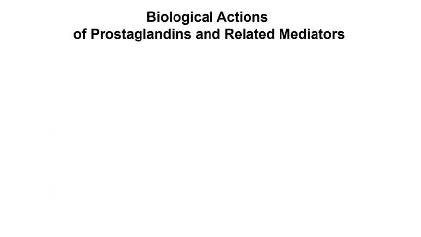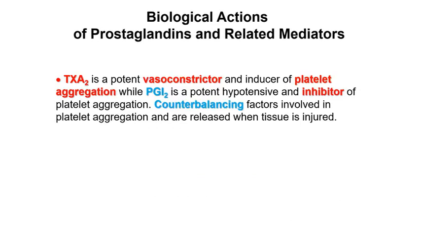These are not the only functions of prostaglandins, but we can find, for instance, that thromboxane is a potent vasoconstrictor, and it induces platelet aggregation, while on the other hand, prostacyclin, which is PGI2, is a potent hypotensive and has an inhibitory effect on platelet aggregation.